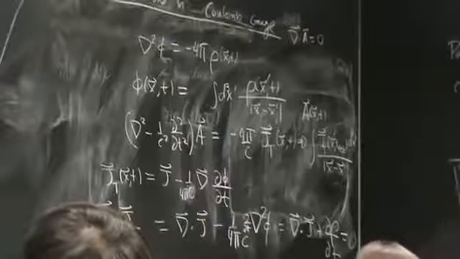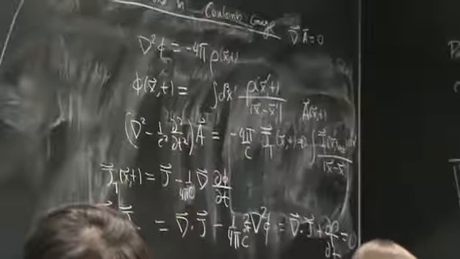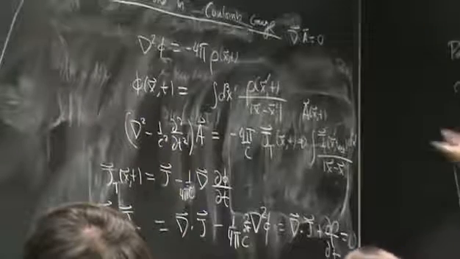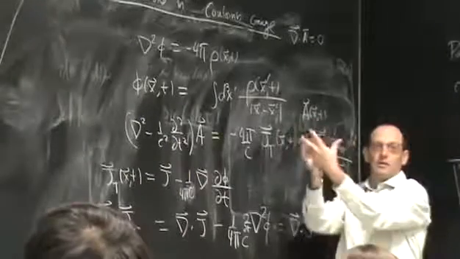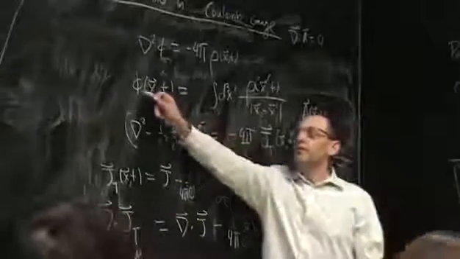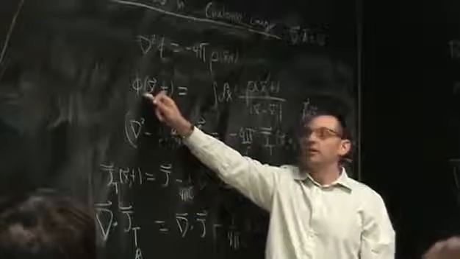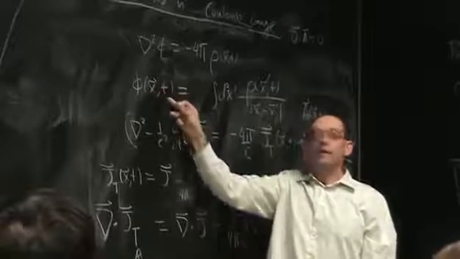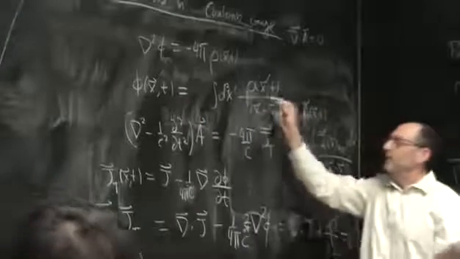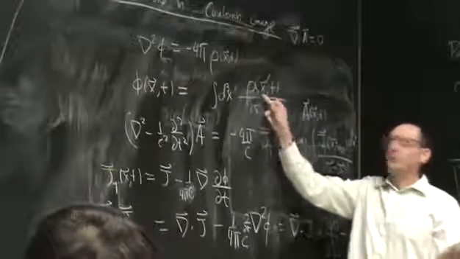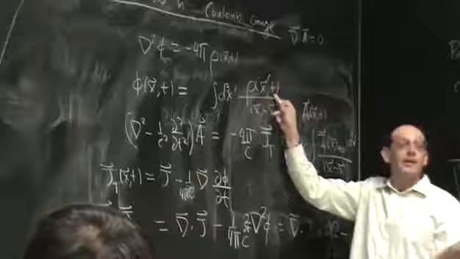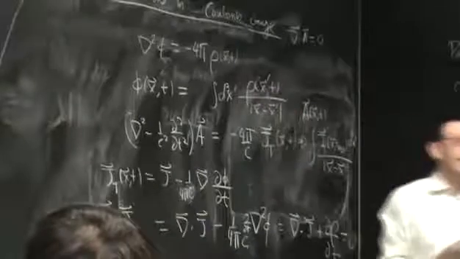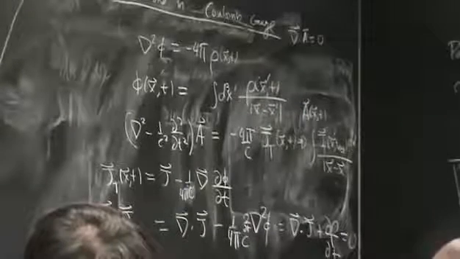So what the heck is going on here? Well, it's a little bit weird. It seems like something is superluminal because the field, or the potential at time t depends on what the source was at some other point in space at the same time, even if they are space-like separated points.